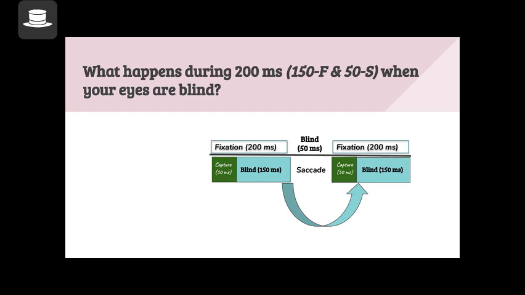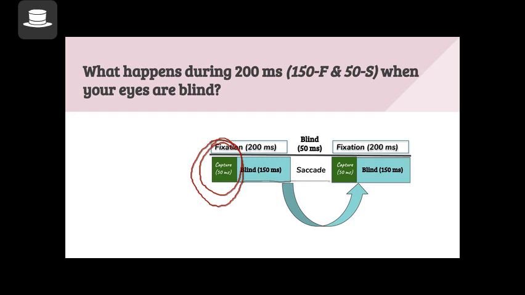Okay, I hope you paused and thought about it. Well, the reason why we don't feel the gap is because whatever is captured during the initial 50 milliseconds is being perceived by the brain for the remaining 200 milliseconds. Does it make sense? So your eyes are capturing information during the 50 milliseconds.